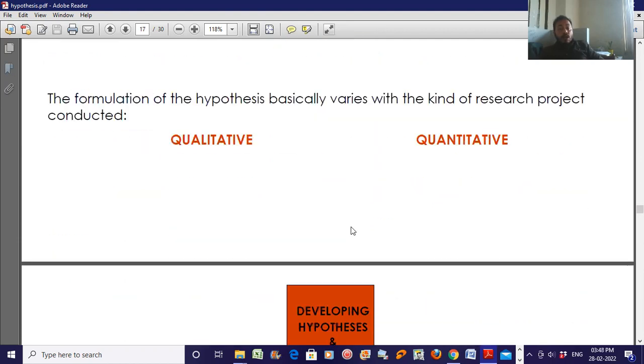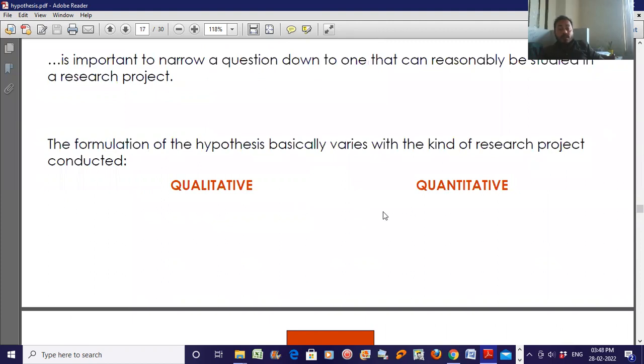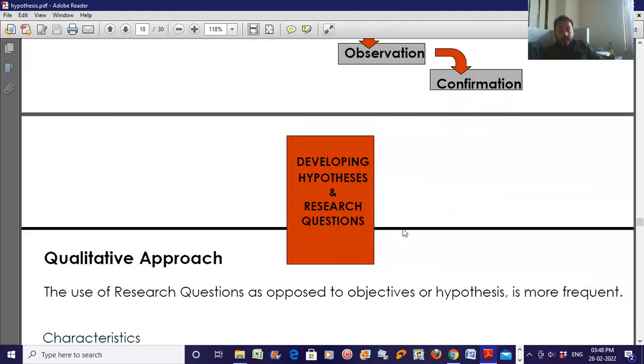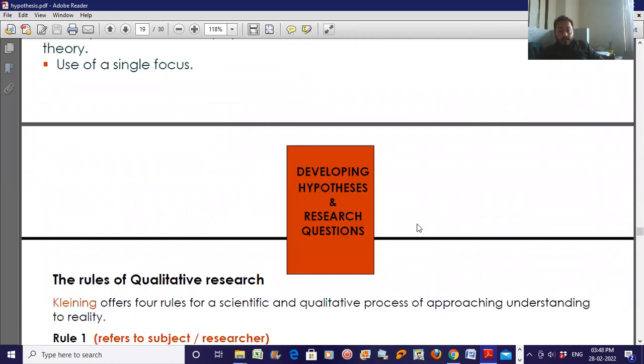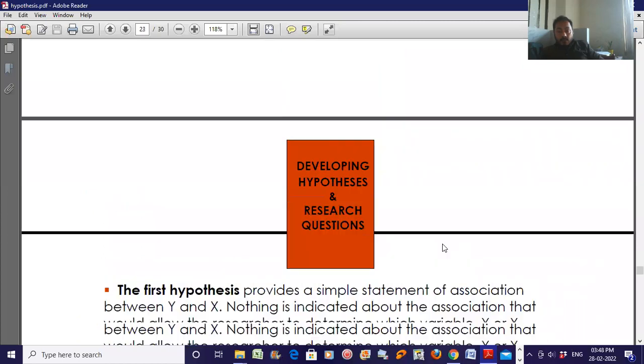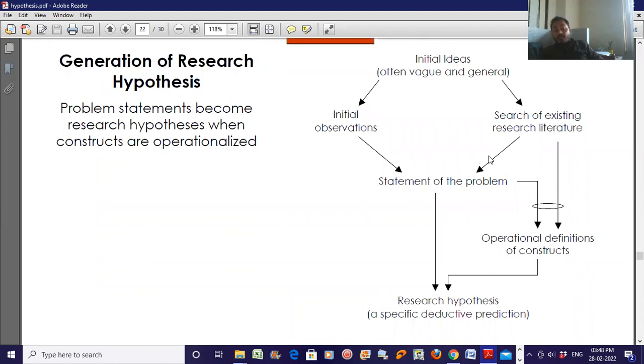Then we have seen how to formulate a hypothesis. Then what are the qualitative and quantitative approaches towards a research proposal? And now let me show you one chart for the generation of a research hypothesis.